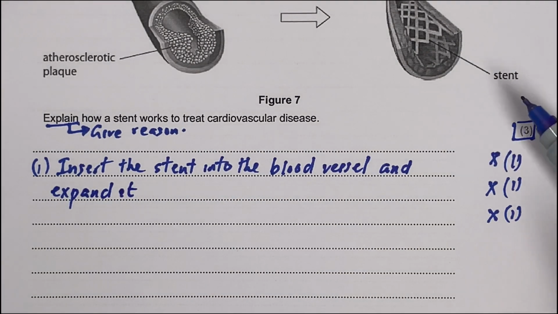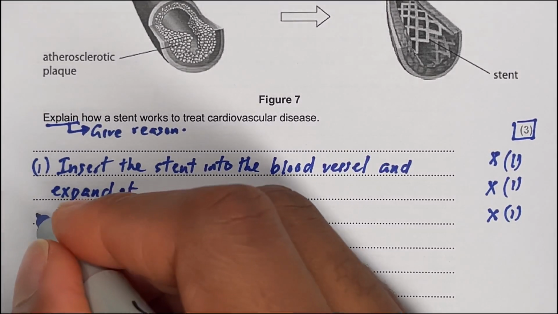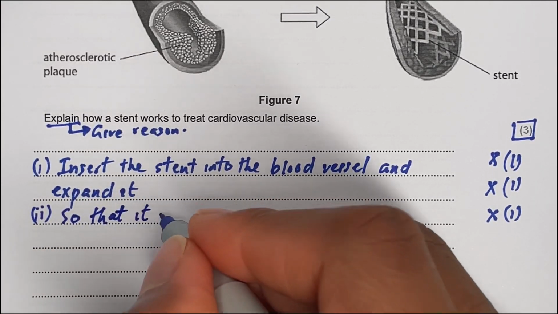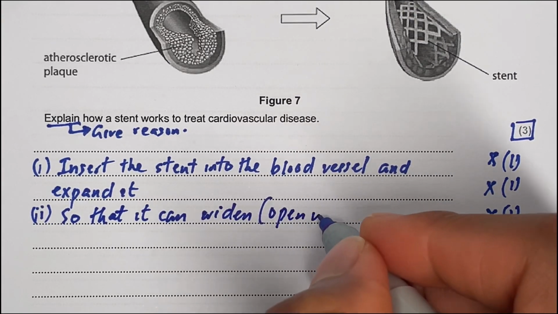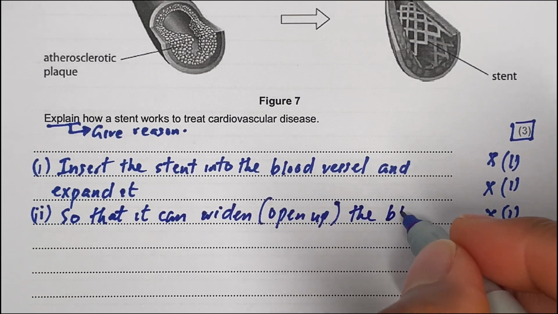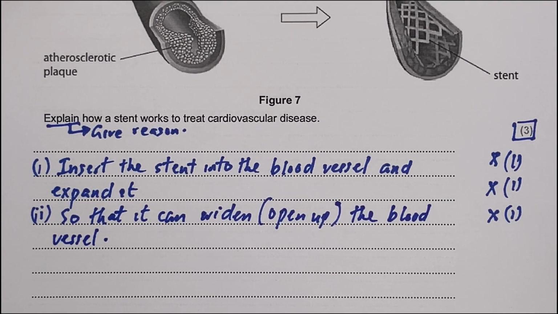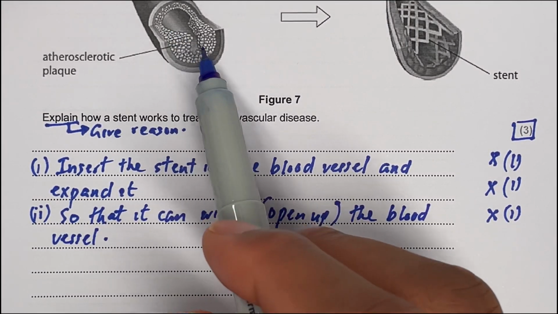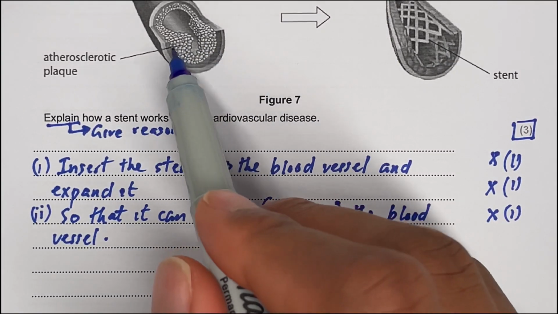When the stent expands, what will be the effect on the blood vessel? If the stent expands, it would widen the blood vessel. So, point 2, so that it can widen, or you can say open up the blood vessel. Why do we need the blood vessel to open up? We can say that the plaque is stopping the flow of blood. So if we open up the blood vessel, what will be the effect on the blood flowing?